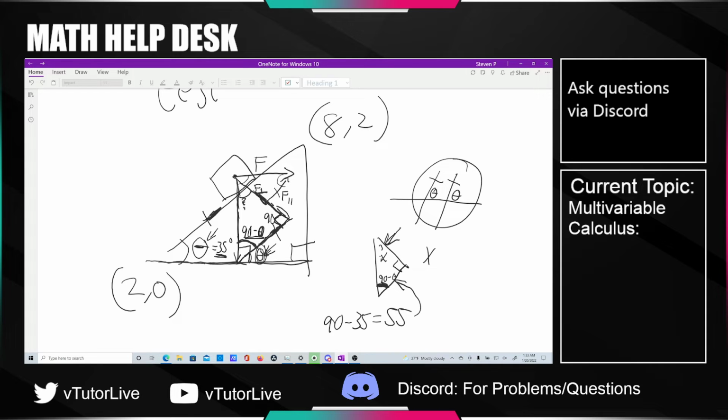We know that x plus 90 plus 90 minus theta is equal to 180, right? And what we see here is this is 180 together. So these two 90s cancel with 180, and it turns out that x is just theta. So now this is just angle theta.